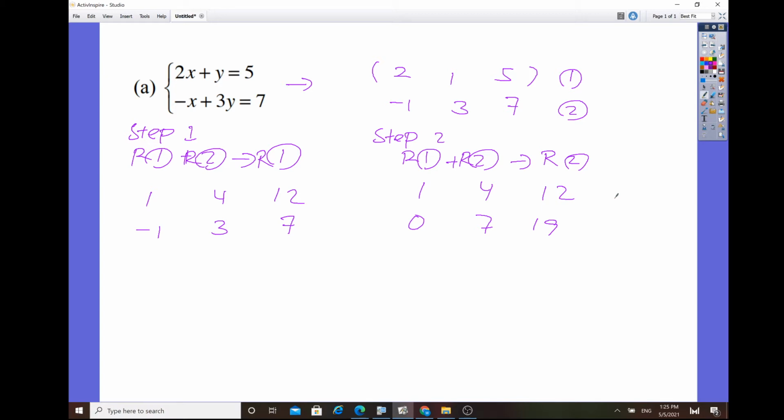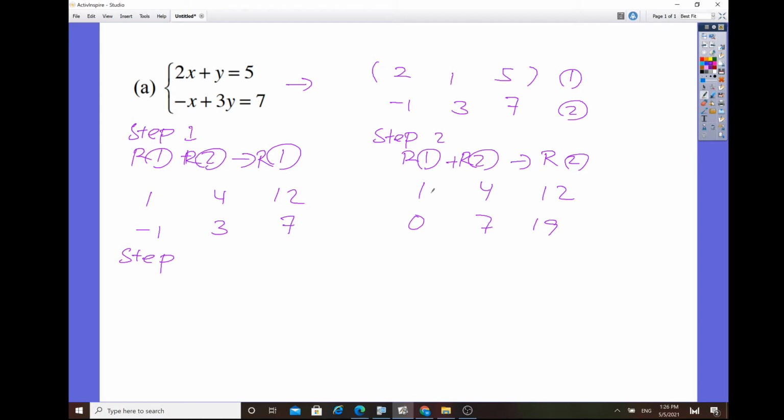Now here's the next step. We need to change this entry to 1. Again, we need to get the leading coefficient to 1. For 7, in order to get that to 1, we could multiply the first row by 2 and then subtract, if that's possible.